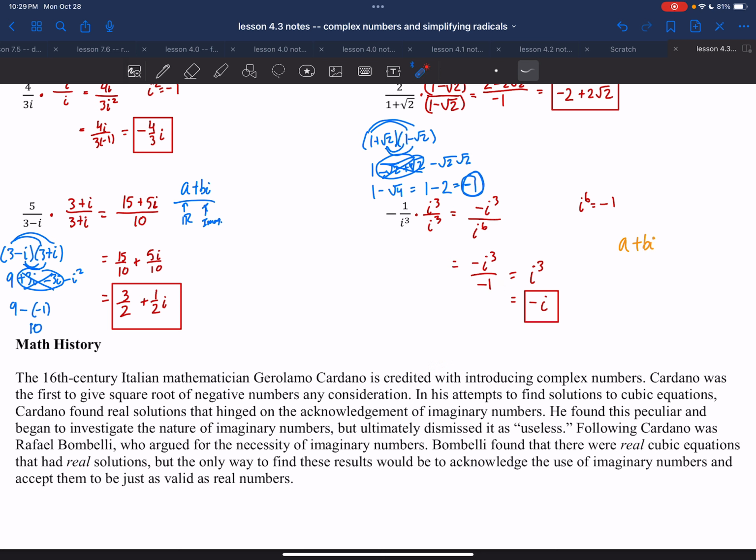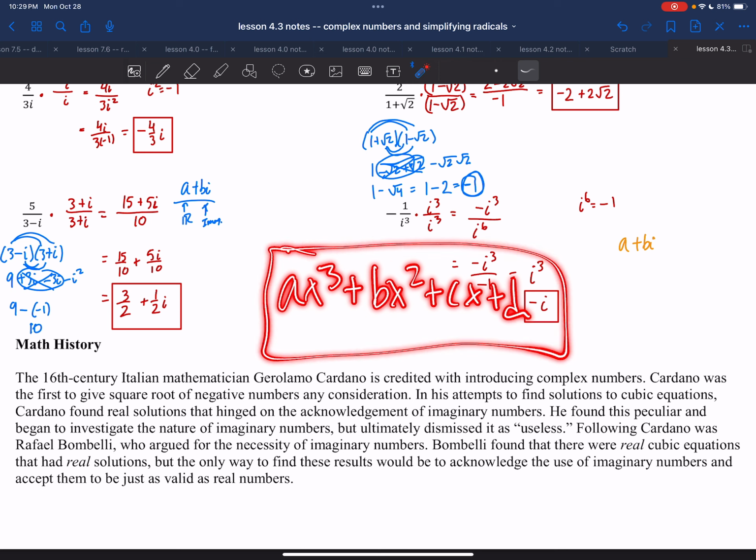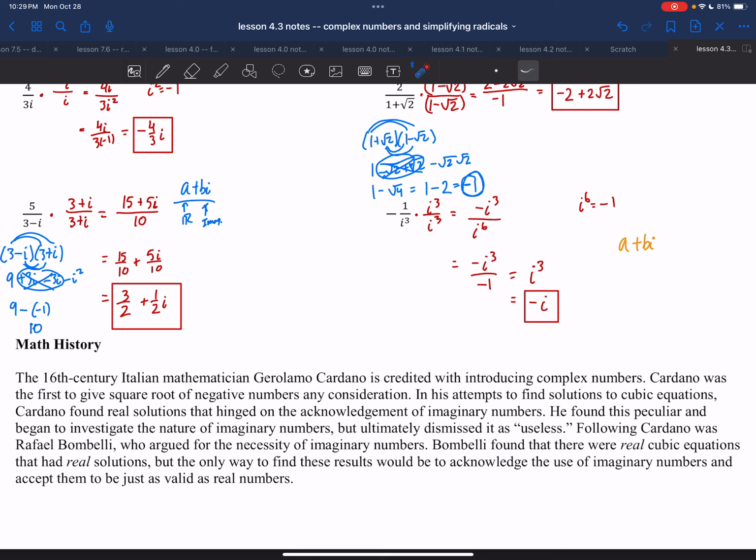So what Cardano wanted to find was the solution to ax cubed plus bx squared plus cx plus d, right? If I gave you a general cubic like this, what formula, just like the quadratic formula, would solve that cubic equation? So that's what he was doing.